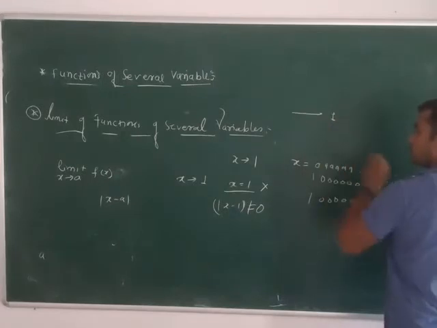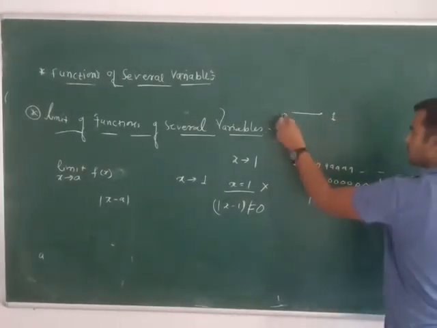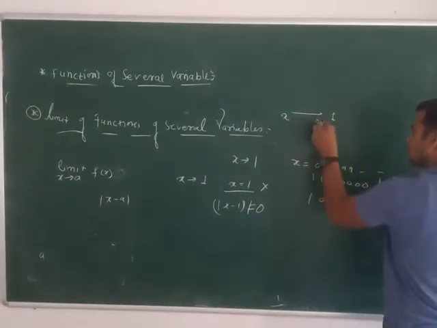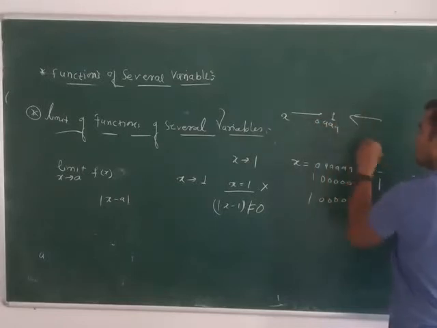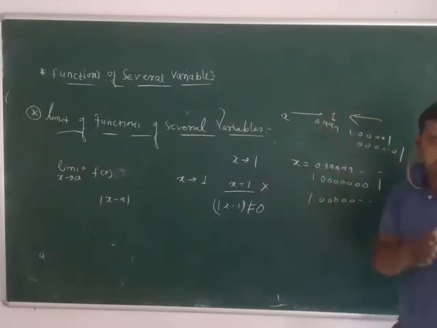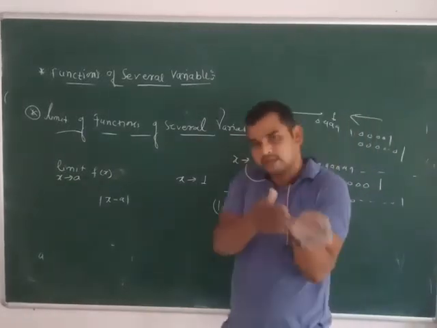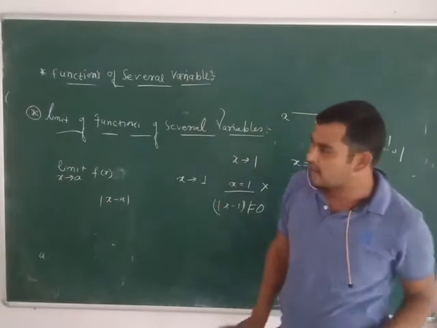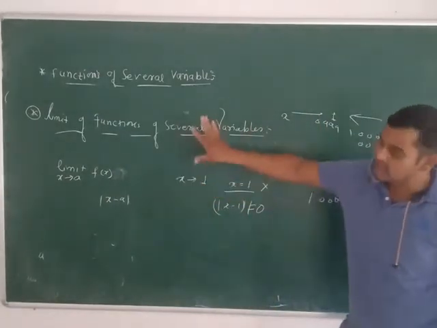So approaching from this side we have 0.999, but from the other side we have 1.0001, sometimes 1.00001. So x is not equal to 1, but x approaches 1 from either the left side or the right side. This is the meaning of the limit.